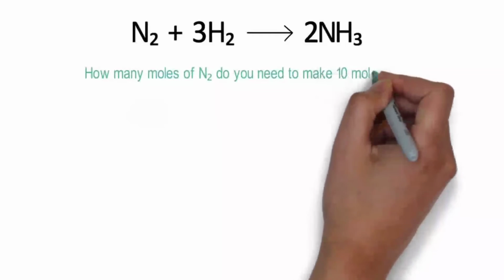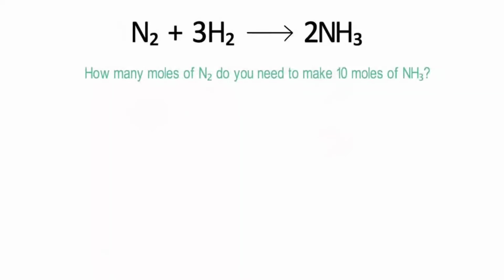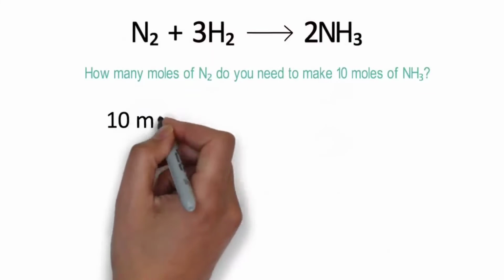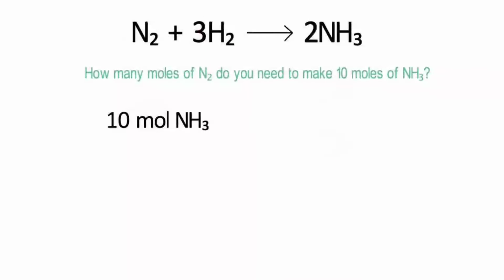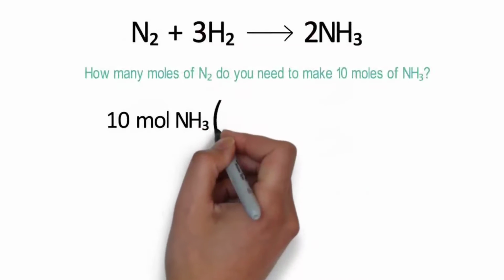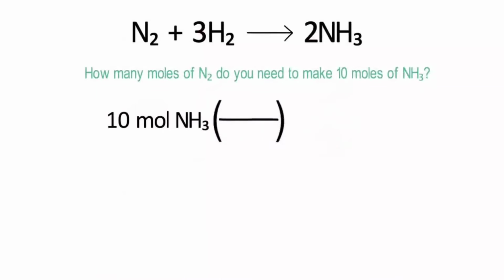Let's try a sample problem. How many moles of nitrogen do you need to make 10 moles of ammonia? First, write down the quantity that you know, 10 moles of ammonia. Next, multiply that by the ratio of nitrogen to ammonia in the balanced reaction. Since we are starting the problem with ammonia, we put 2NH3 on the bottom.